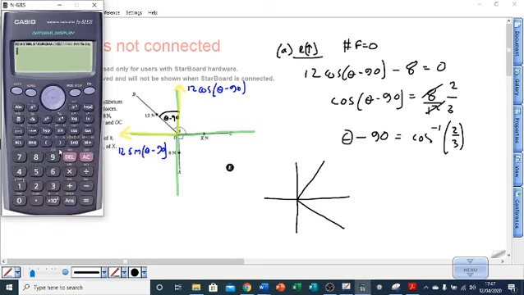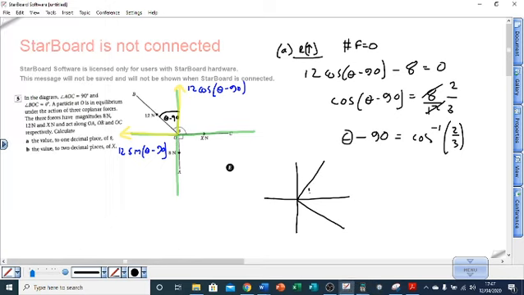I've got shift cos of 2/3, so that's 2 divided by 3, and that gives me an angle of 48.2 degrees, and that is 48.2 degrees just there as well. So theta minus 90, and obviously we're just going to look at this one. It's the only one that we're worried about.